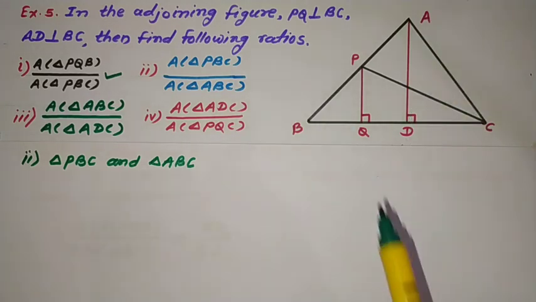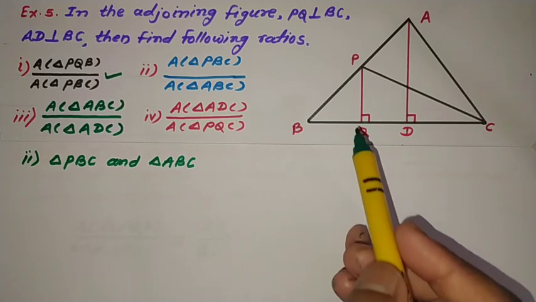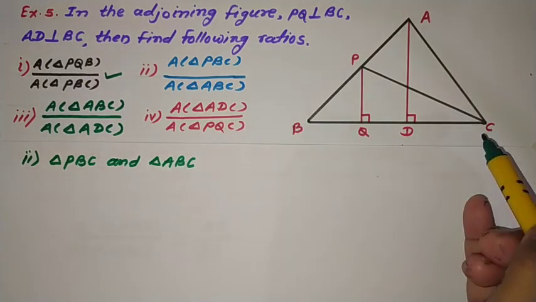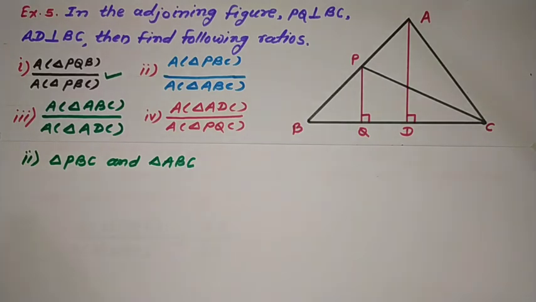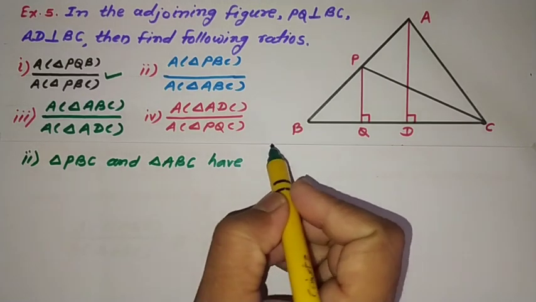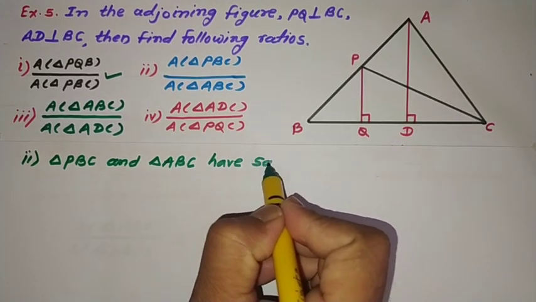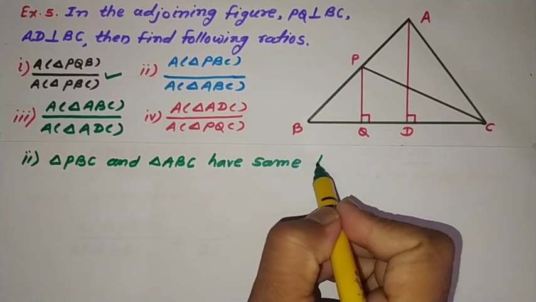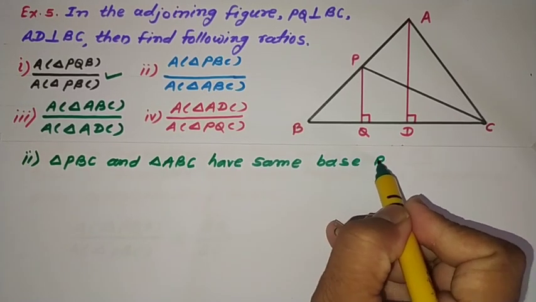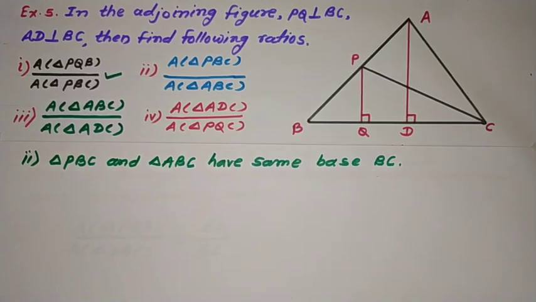These two triangles have the same base, BC. We know that the areas of triangles with equal bases are proportional to their corresponding heights.